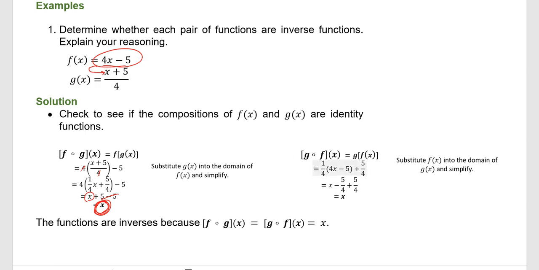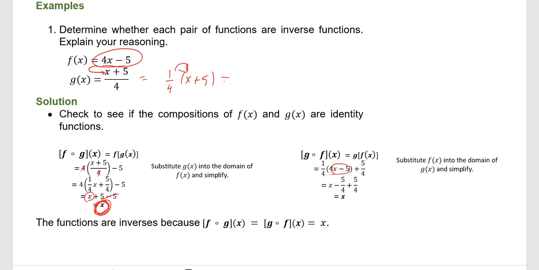In this case we have x plus 5 over 4. We can just say g is also equal to 1/4 of x plus 5, just to make it simpler. So 1/4 of x plus 5, and then plugging in 4x minus 5 in place of x, and then plus 5/4, because this 1/4 is distributed.